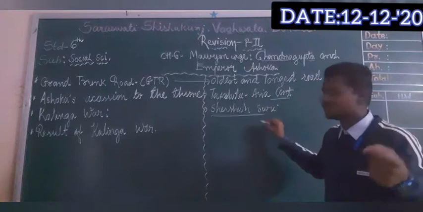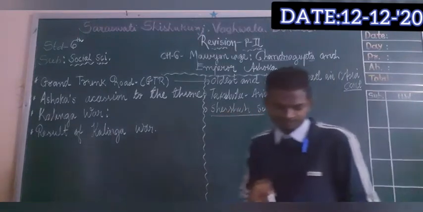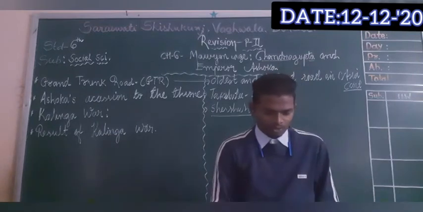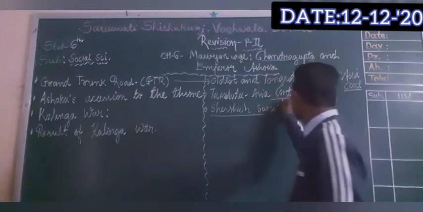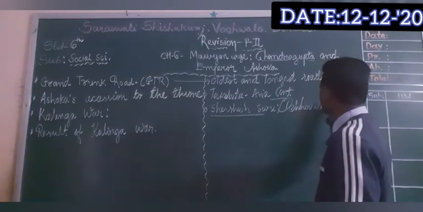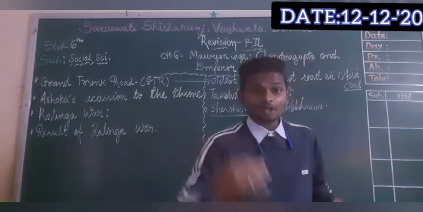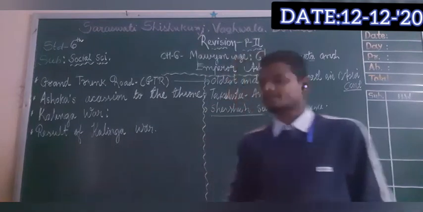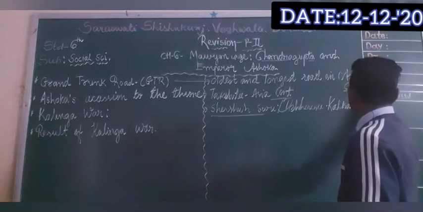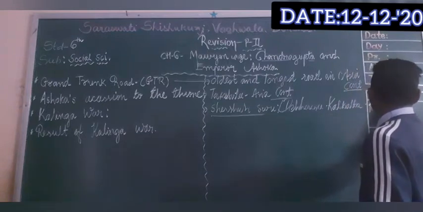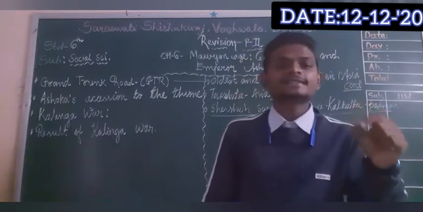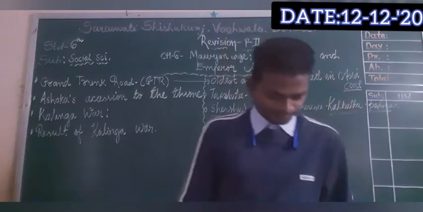During British rule, Dalhousie rebuilt the road from Kolkata to Peshawar. Peshawar is right now situated in Pakistan, and Kolkata is situated in West Bengal.